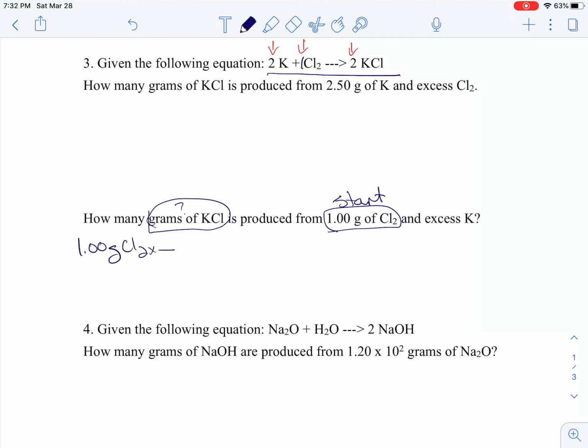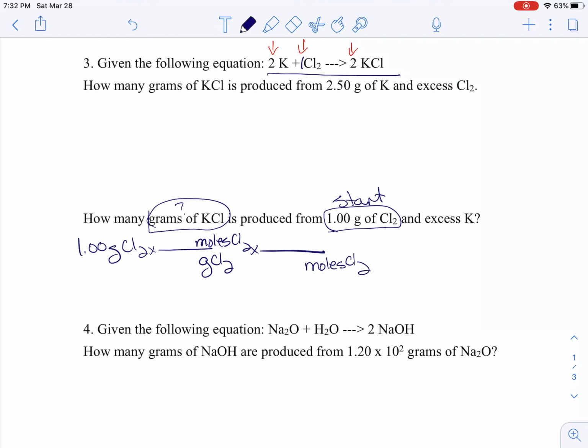Remember, whatever we start with, it's on the top, so therefore we're going to fill it in on the bottom. So it's grams of Cl2, and we have to convert that to moles of Cl2. So now, since moles of Cl2 is on the top, we're going to put moles of Cl2 on the bottom.